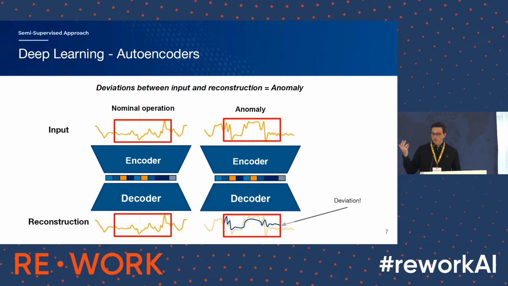So if you give it a normal time series, like in the picture on the left from the top, it compresses it and reconstructs it back without any problem. Then, in operation, it encounters a time series which was not represented or very seldom represented in the training data. It goes inside, compresses it, tries to recreate it back and fails.